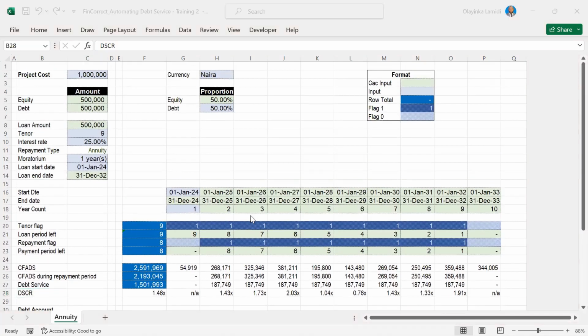Debt sculpting is a technique in project finance that is used to ensure that the projected cash flow for a project is enough to pay off our debt obligation. It is a technique used to align debt repayment schedules with the cash flows of the project itself.